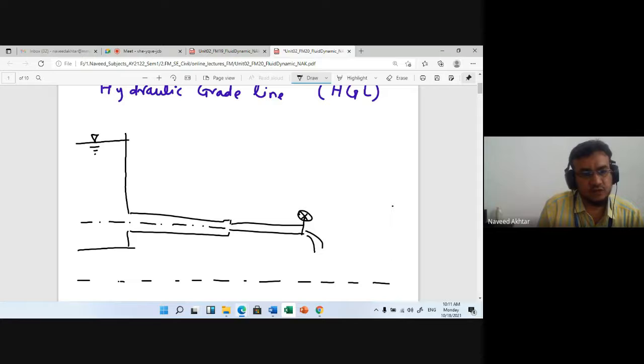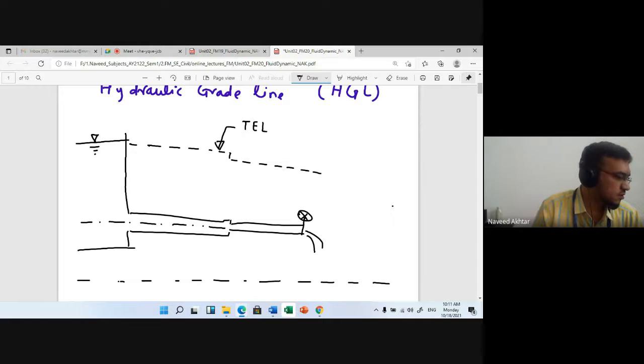Here again it will drop due to the check valve. This line is called the total energy line, and sometimes it is called the energy grade line, EGL.